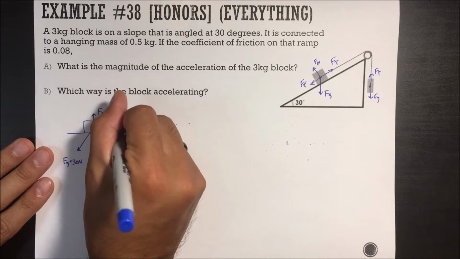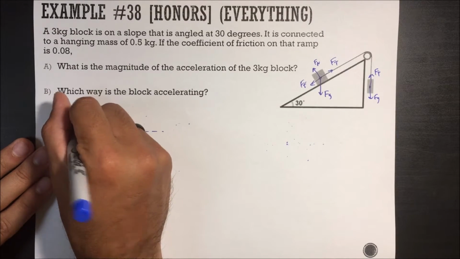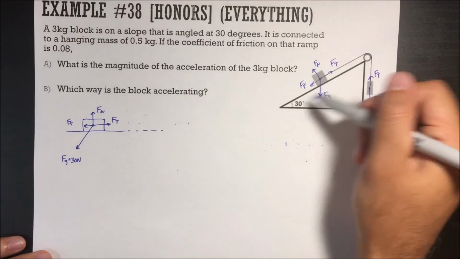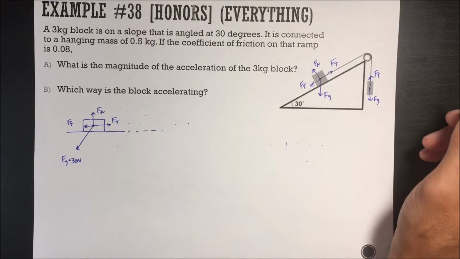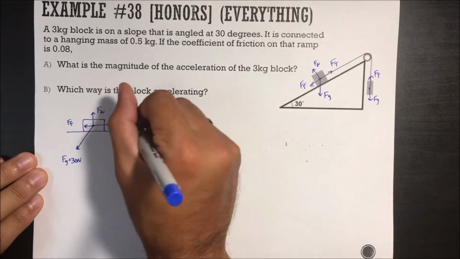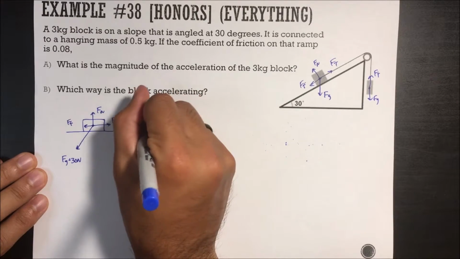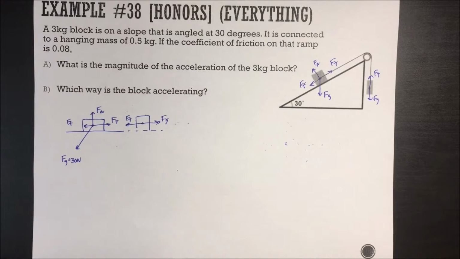Force of tension is going to look like this, and the force of friction is going to look like this. Well, as long as it's sliding up, the force of friction is going this way. Force of friction might be going this way if it's sliding down, so we'll see in a second. And then this is connected to another block like this. Force of gravity, force of tension. And maybe I'm going to draw the string in orange.